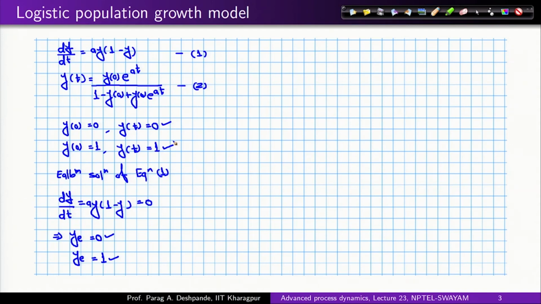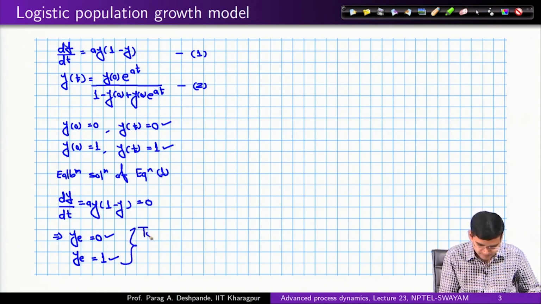So, therefore, when you have reached a population which is equal to the carrying capacity, you will not expect the population to increase any further. So, again you have y equilibrium is equal to 1. So, you have two equilibrium solutions.